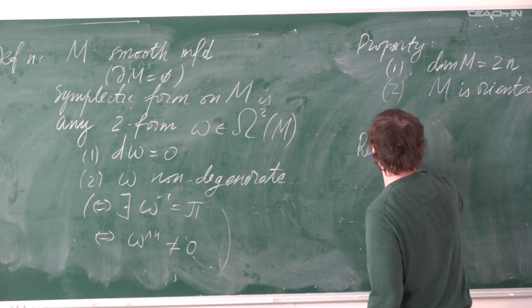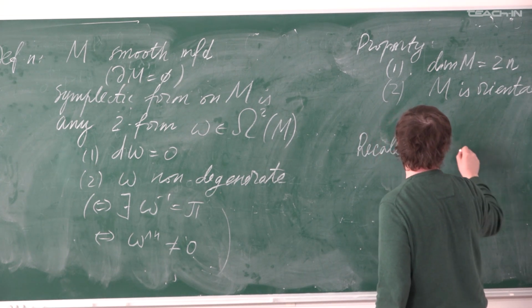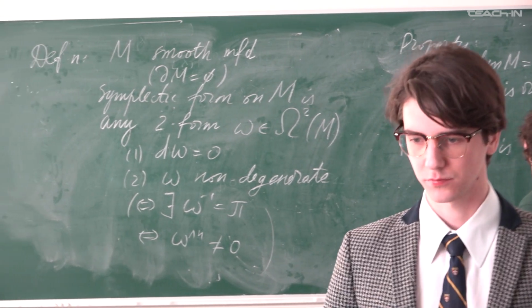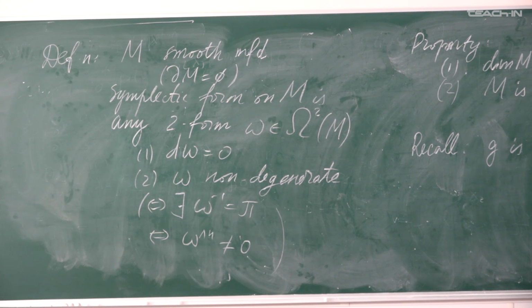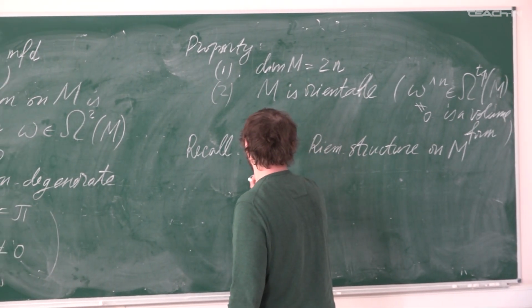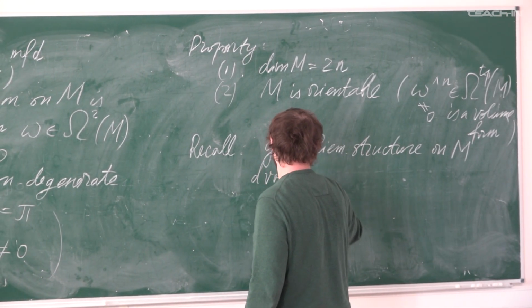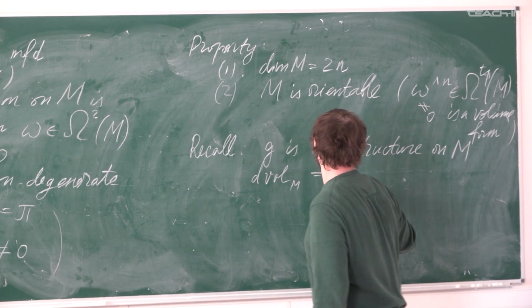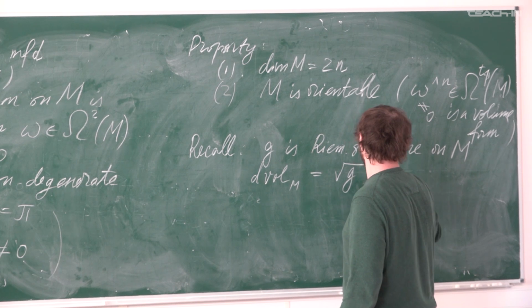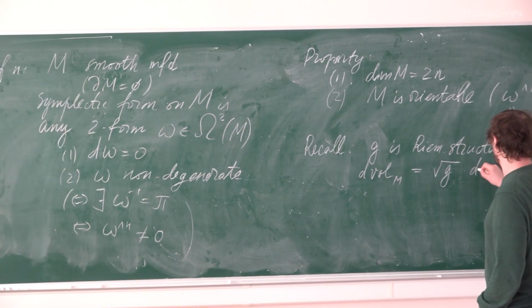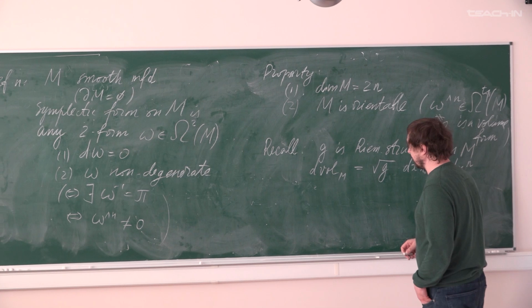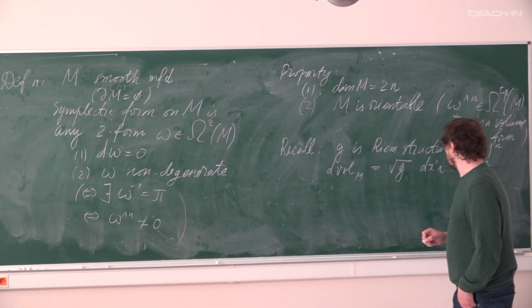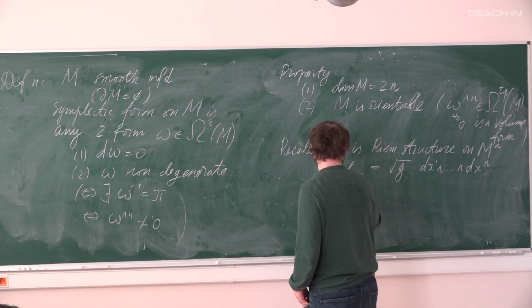Recall that if you have a Riemannian structure g on M, you can define the volume form of M as the square root of g times dx1 wedge dxn, where n is the dimension of M. The main property of this form is that it is nowhere zero.